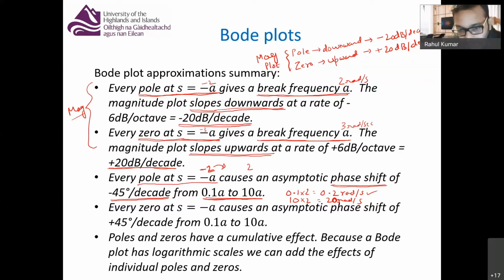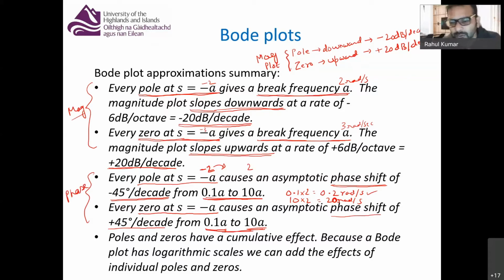Similarly, if you have a zero at s equals minus 1, that will cause a phase shift of plus 45 degrees. Your slope will increase by plus 45 degrees per decade, and it will start increasing from 0.1a up to 10a. So this is about the phase plot.